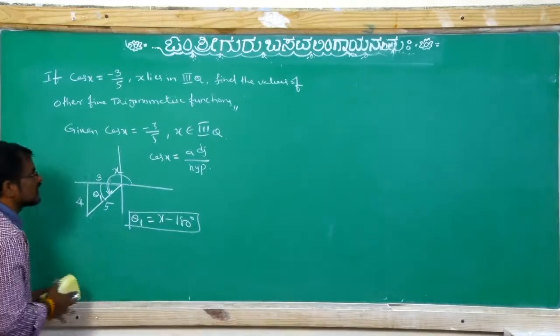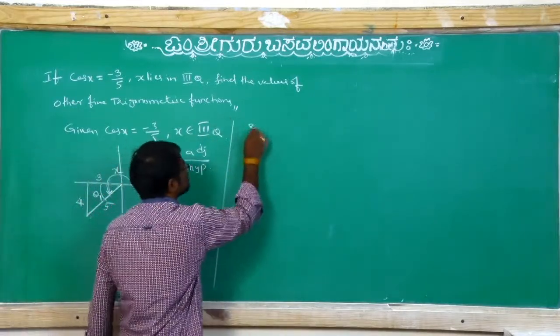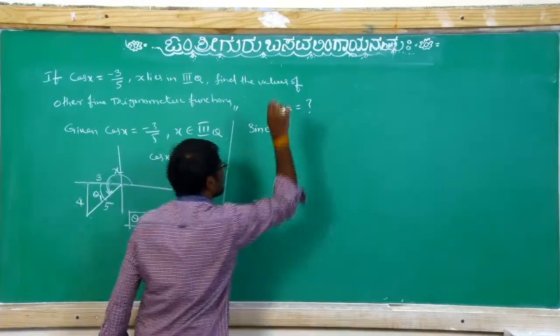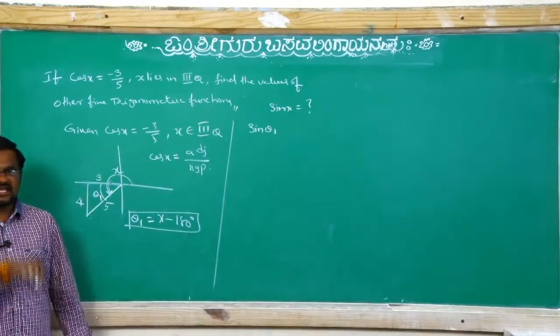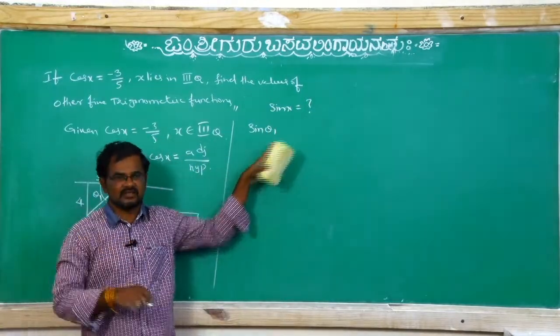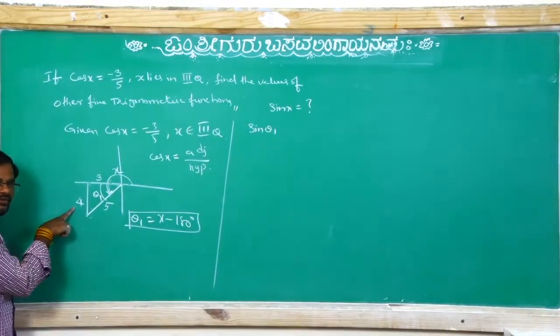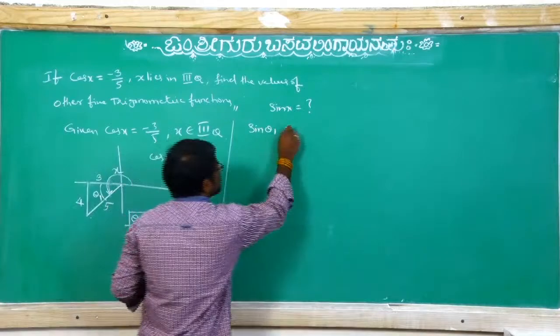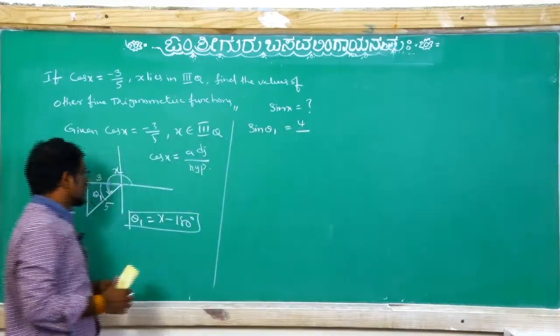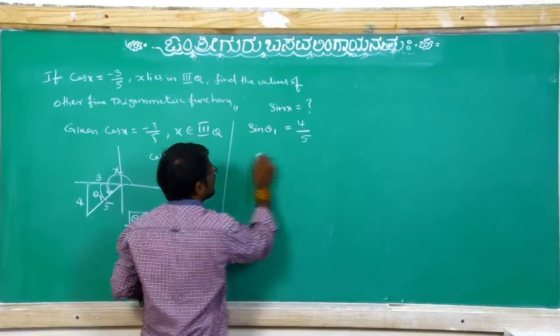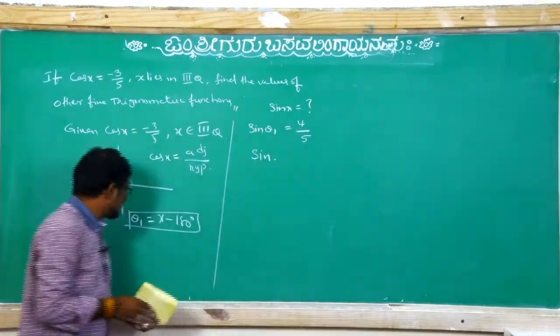Now here I want to find sine theta 1. Instead of finding sine x, which I want, first what we have to find? Sine theta 1. For the theta 1, opposite side is what? 4. Opposite side is 4. And hypotenuse is what? 5. That is equal to, sine of theta 1 is what?